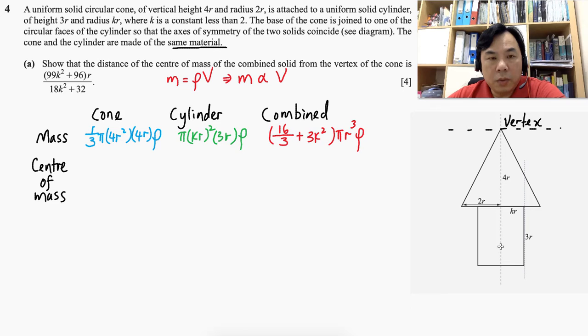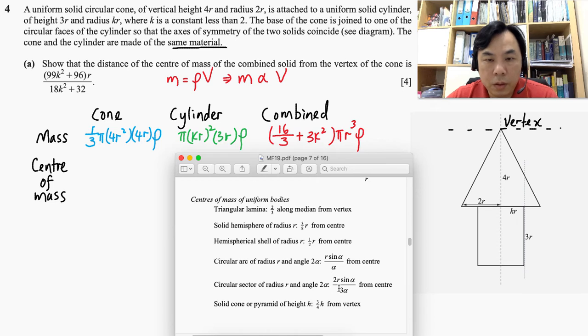Now center of mass. Center of mass measured from the vertex itself is along the line of symmetry. Okay, now let's start from the cone itself. If you're not sure where the center of mass of a cone is, you can always refer to the data booklet, MF19. If you can't recall where the center of mass is for a solid cone or a cylinder and so on, it can be found in this data booklet.